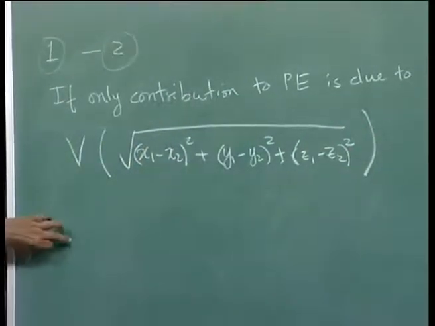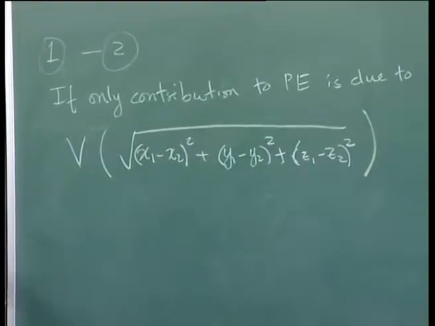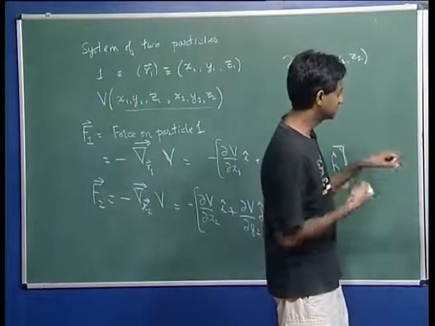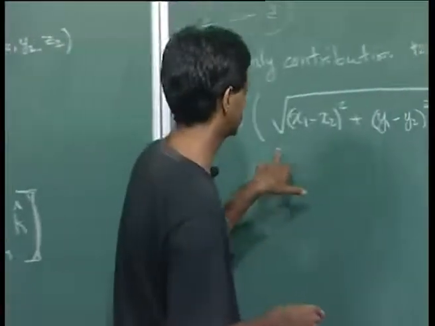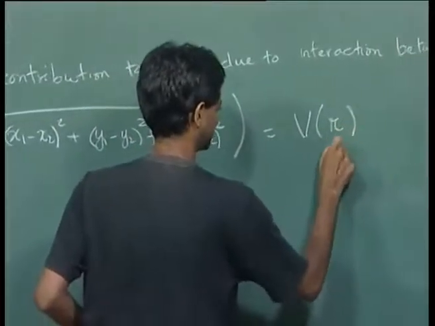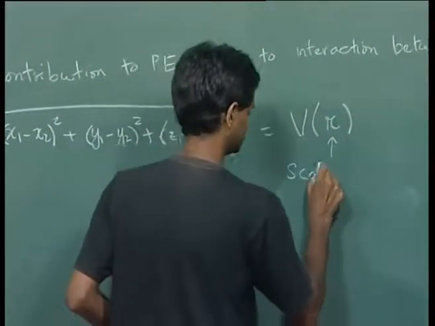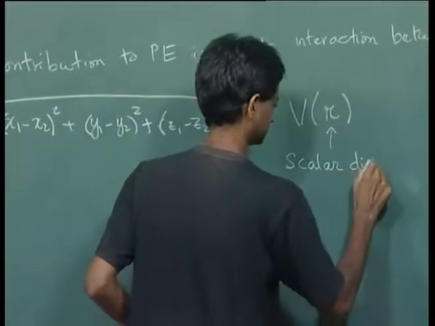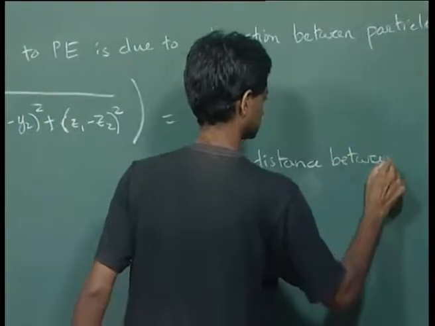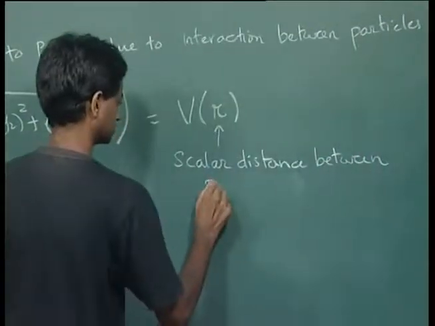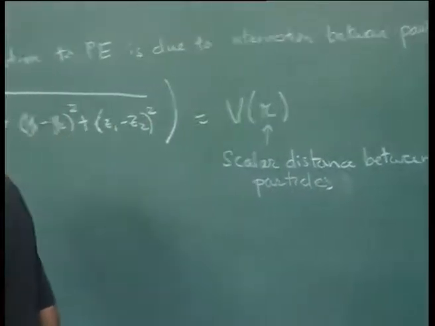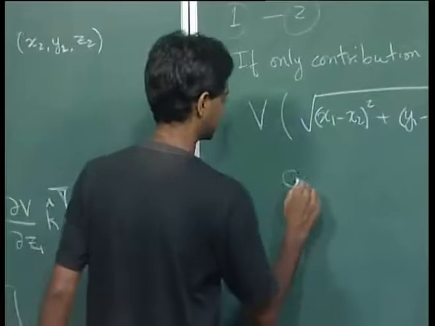If you have two particles and the potential energy is only due to the interaction between them, then the potential energy is a function only of the distance between the particles. Such a potential is called a central potential.